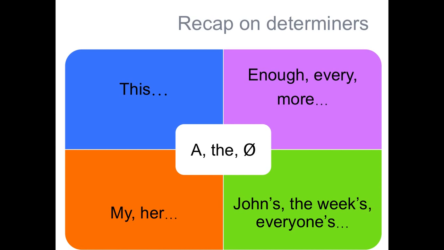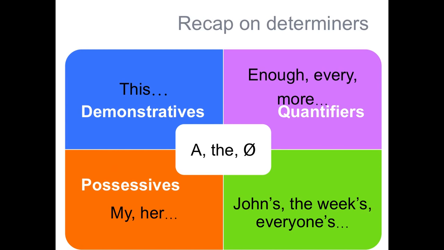So all the examples from the exercise are here. Basically, what you have are, from left to right, demonstratives like this, that, and the plural, these and those. Enough, every, and more belong to the category of quantifiers.